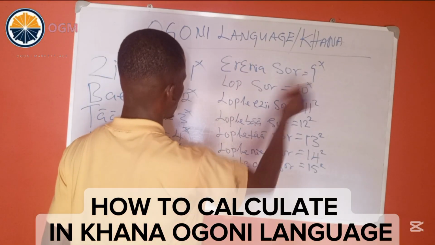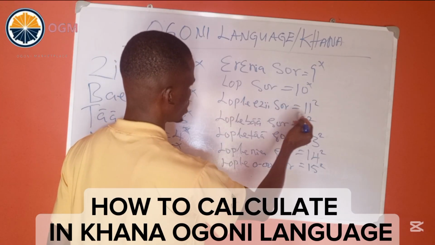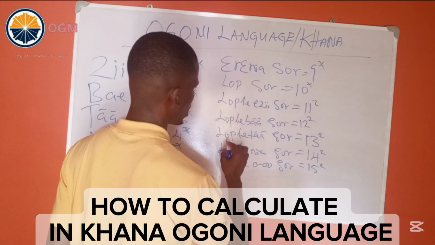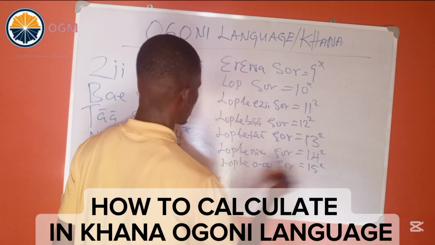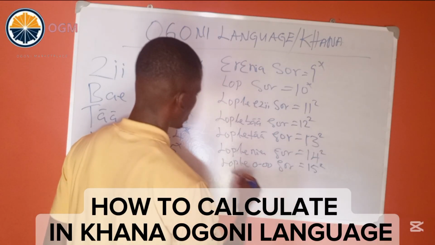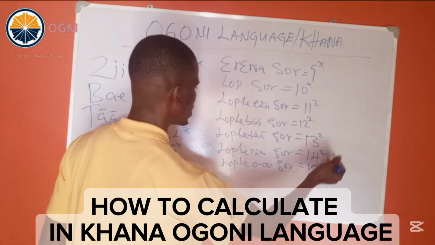Son means 9x, and lob son is 10x. Lob lazy son is 11x, while lob leba son is 12x. Lob leta son is 13x, and lob linear son, which is 14, is 14x. Then lob oo, which is 15, is 15x.